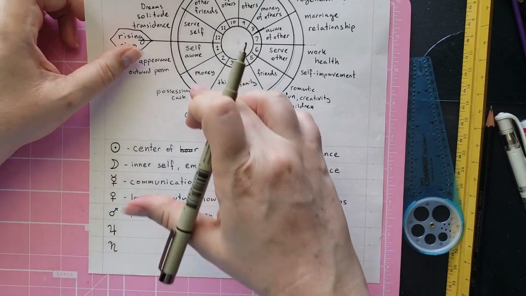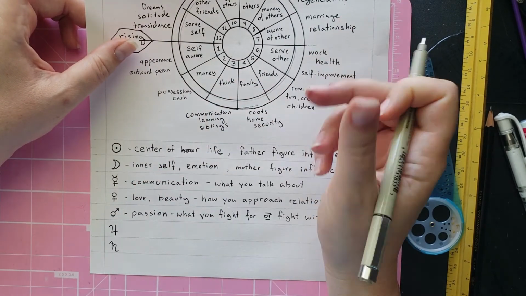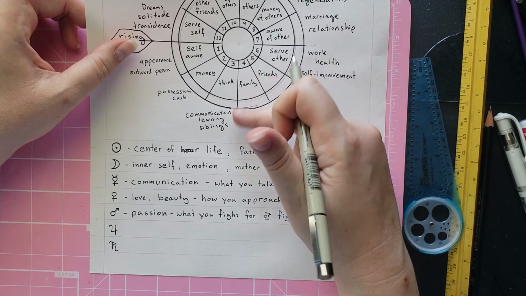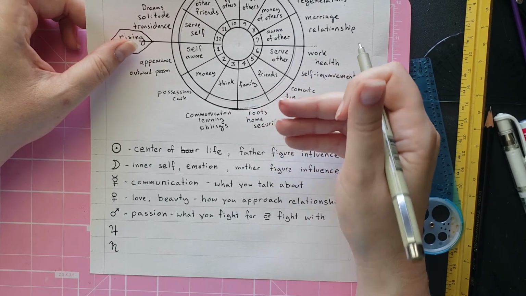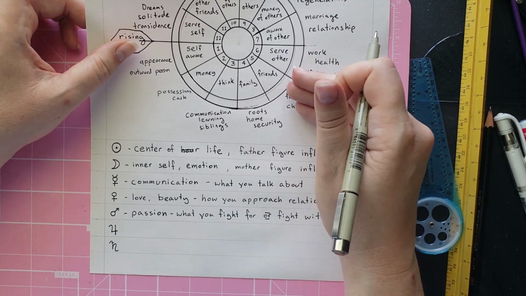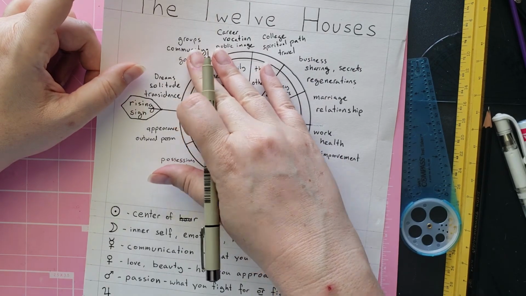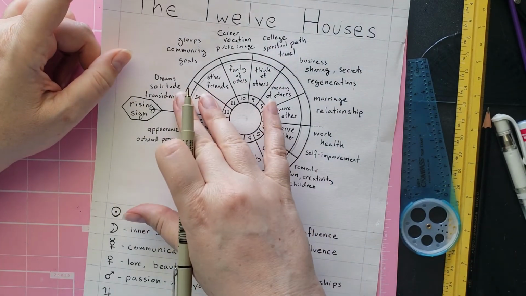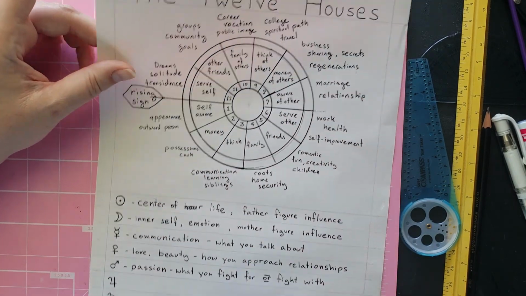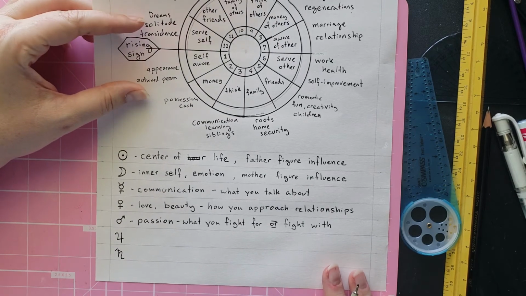You know, are you passionate about money? Are you willing to fight for money? You know, you're working really hard. Could be if you had Mars in the home area, you might have conflict at home, right? You're argumentative with your family or with your friends or in the community, right? So if you had it here, you're willing to fight for your alone time. So it's you fight for or fight with where your conflict might be.